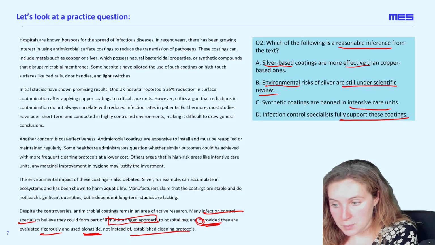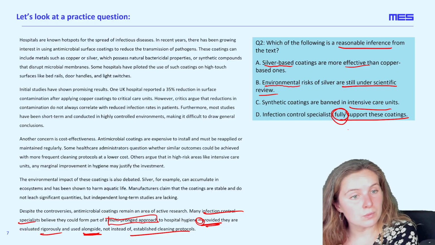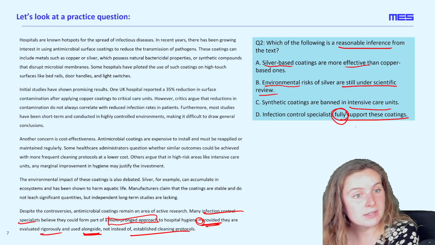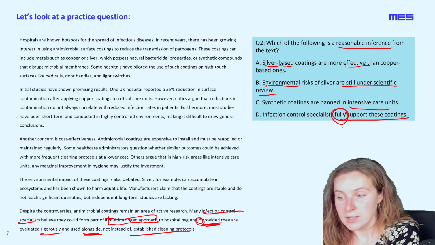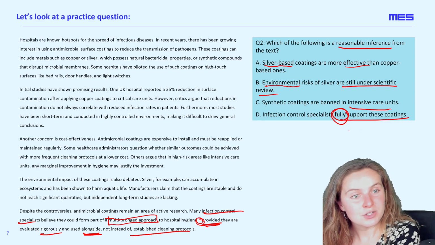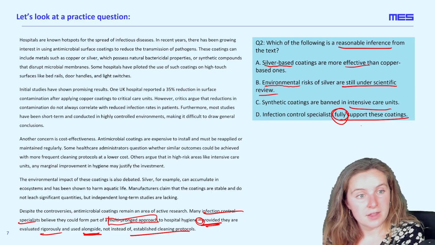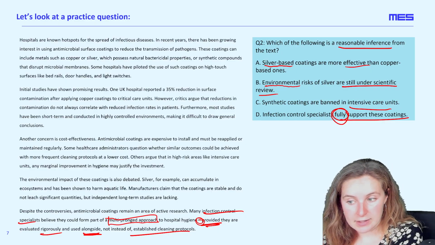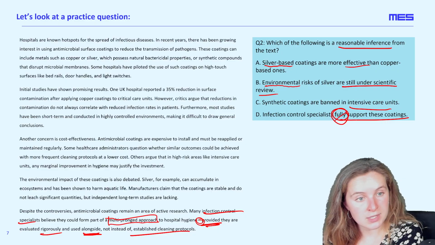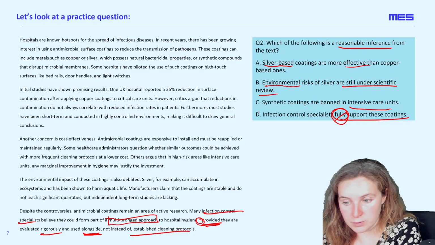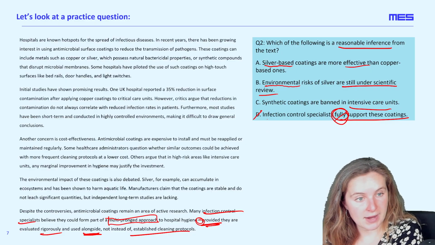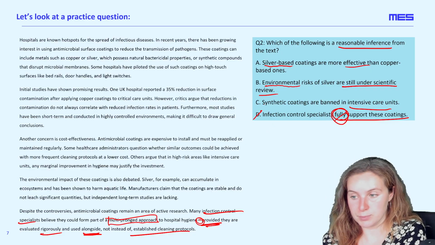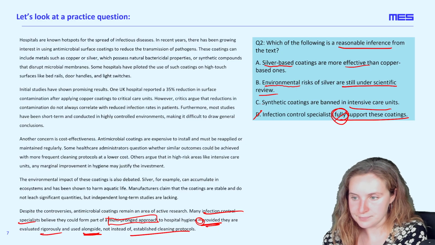So this word here really does undermine what otherwise could be a good option here, because the infection control specialists don't fully support it, they somewhat support it. Or even if this word was completely crossed out and they just had infection control specialists support these coatings, that would be right. But we can't say they fully do, because they have mitigating factors that are important in order to give their support. So that one's not right, we know that.